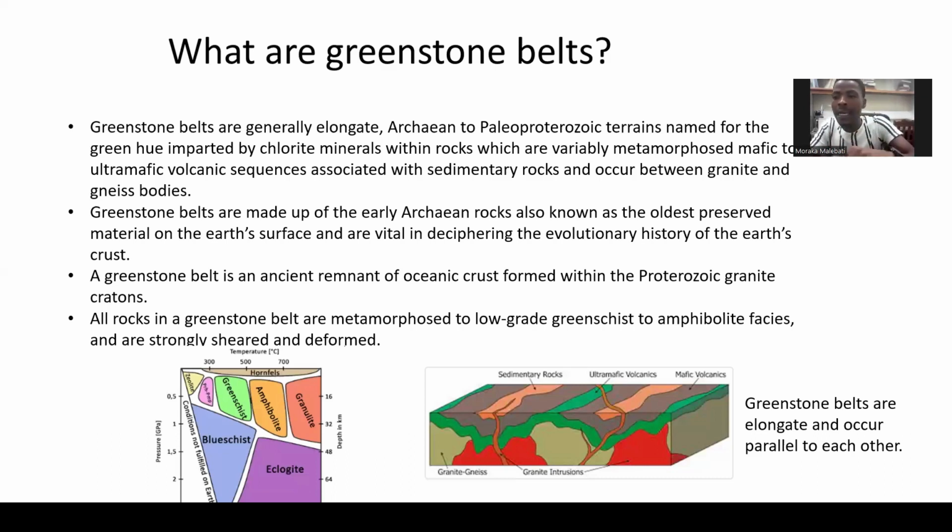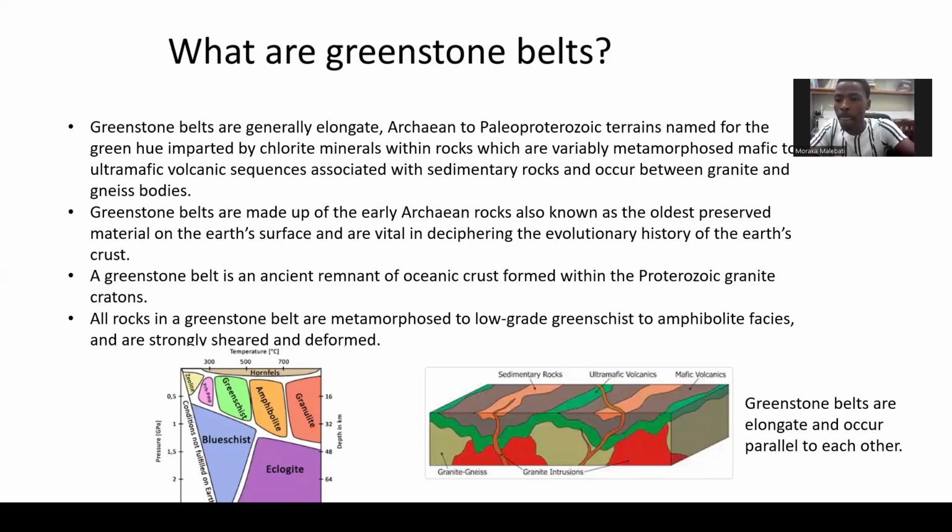The belt came from the fact that these greenstones are linear, elongate, and parallel to each other, which is why we should not just say greenstones, we should add the belts. And these rocks are of Archaean to Paleoproterozoic age.